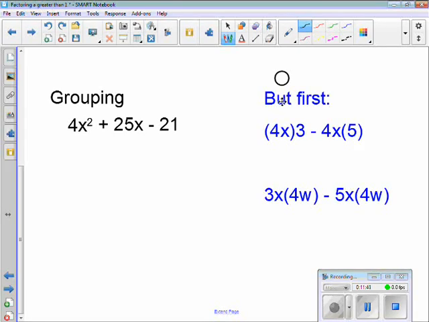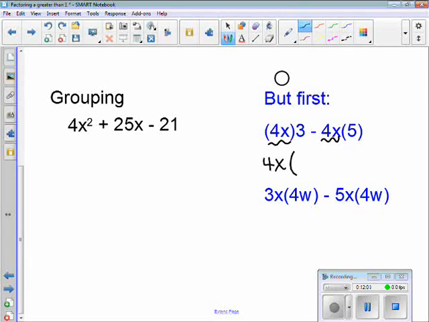Before we get started, I want to make sure that you understand what things look like and how to manipulate them, okay? Looking at this 4x cubed times 3 minus 4x to the fifth, it's basically two numbers that are being subtracted. What they have in common, though, is this 4x. So if I factor that out, that means I see that both of those terms have a 4x.